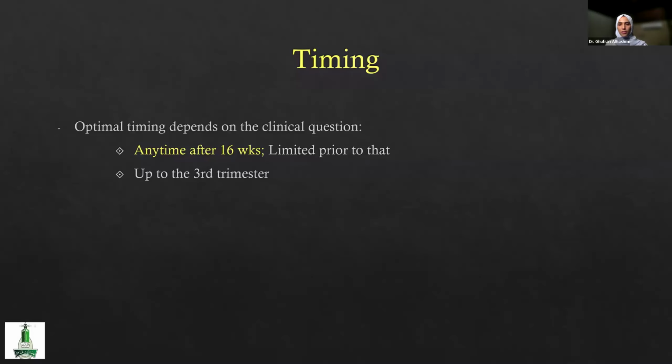Because the theoretical risk of MRI is potentially greatest during organogenesis, and some anomalies may not have evolved yet during early gestation, and also because the size of the fetus is very small before 16 to 18 weeks of gestation, fetal MRI is limited prior to that, and we don't prefer to do it before 16 weeks. So we do it anytime after 16 weeks, and we can do it up to the third trimester.